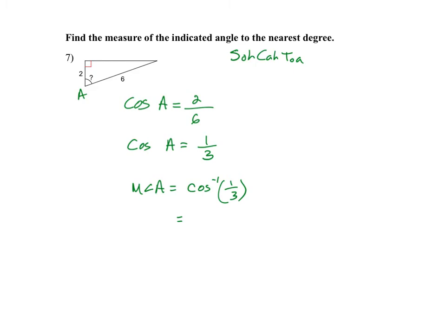It's asking me to round to the nearest degree, so this is 71 degrees. It's important that you check that your calculator is in degree mode by pressing mode. So this angle is 71 degrees.